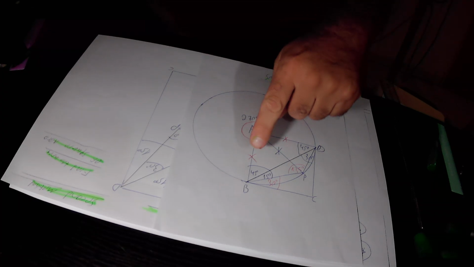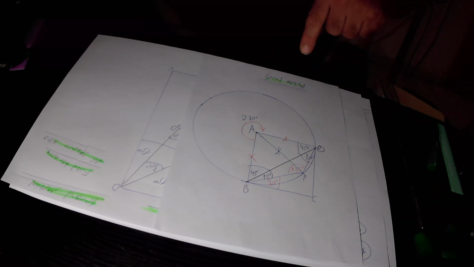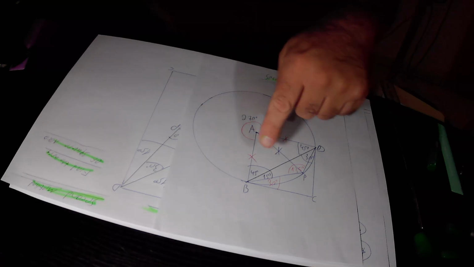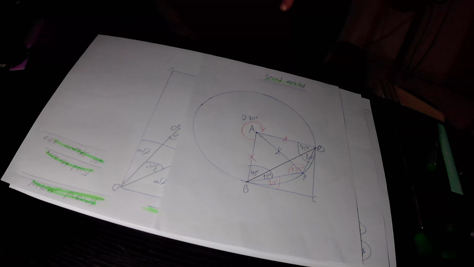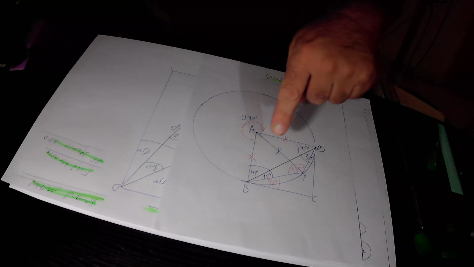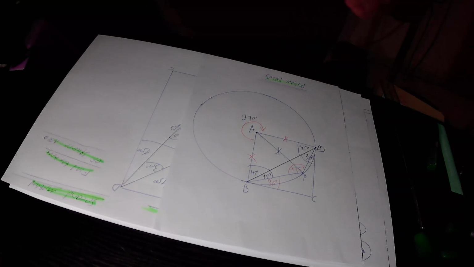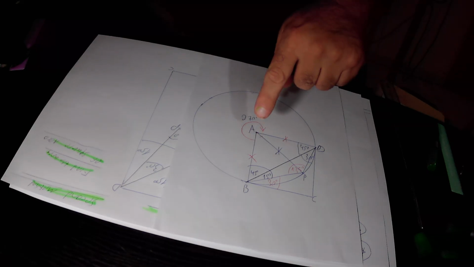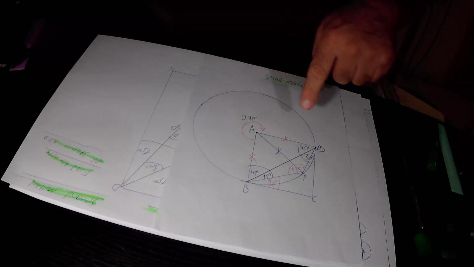So points B and D, the edges of the radii AB and AD, must lie on the circle itself. Actually, in conclusion, the circle that we draw must pass through point B and point D, the edges of the radii AB and AD.